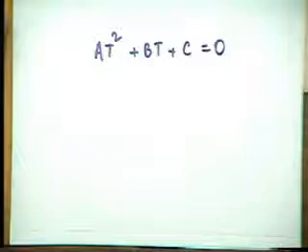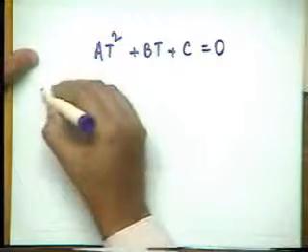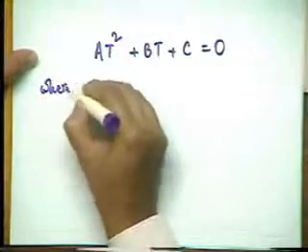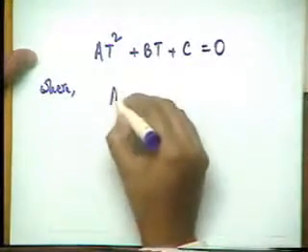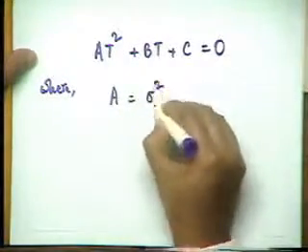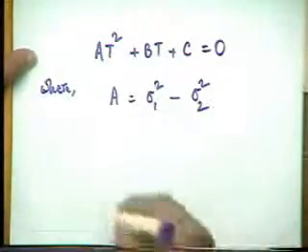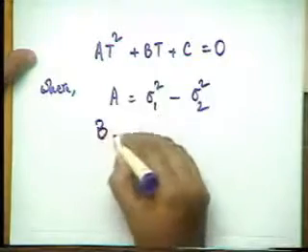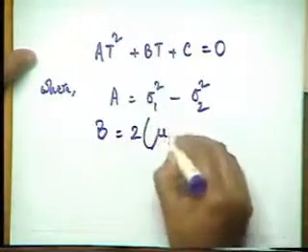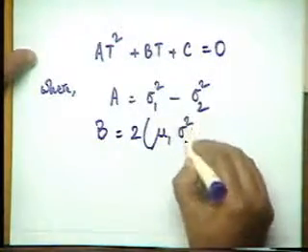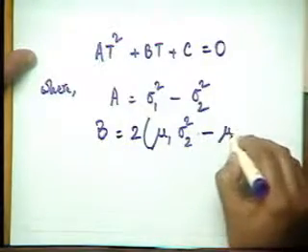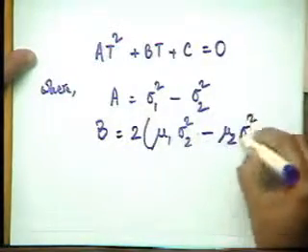Simplification leads to a quadratic equation where A, B and C are as follows. A is given as sigma square 1 minus sigma square 2. B is equal to 2 times (mu 1 sigma square 2 minus mu 2 sigma square 1).